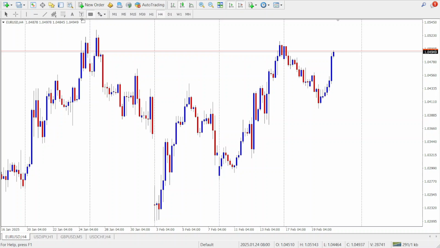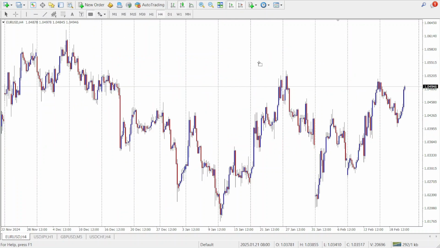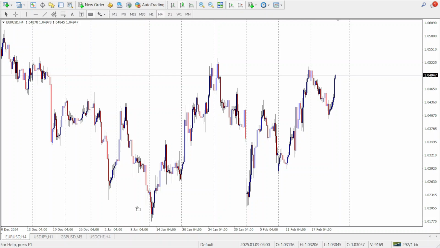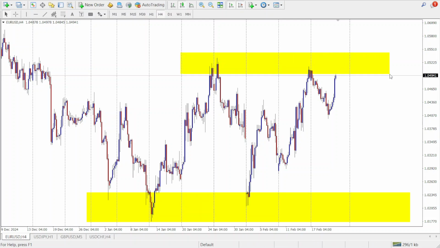That is what we call a support zone, right? A price level, or rather a price zone, where demand prevents the price from falling further, while resistance is where selling pressure is strong enough to stop the price from rising higher. That's what we call the resistance zone.